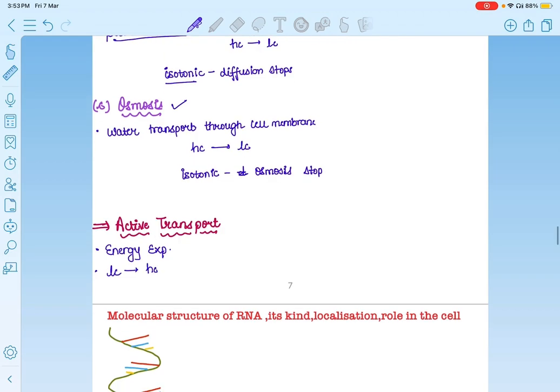And it demands enzymes, ATP molecules, because energy is required, and some special ion channels for the transport, like the sodium potassium pump.